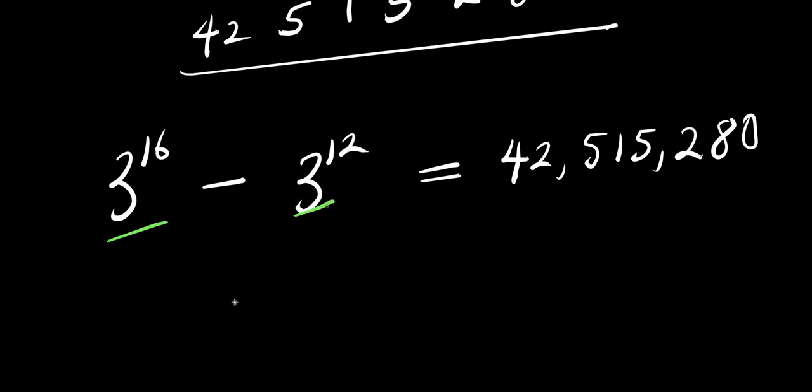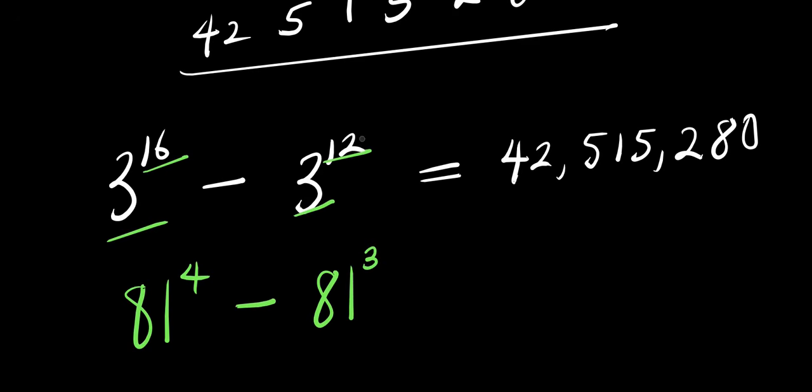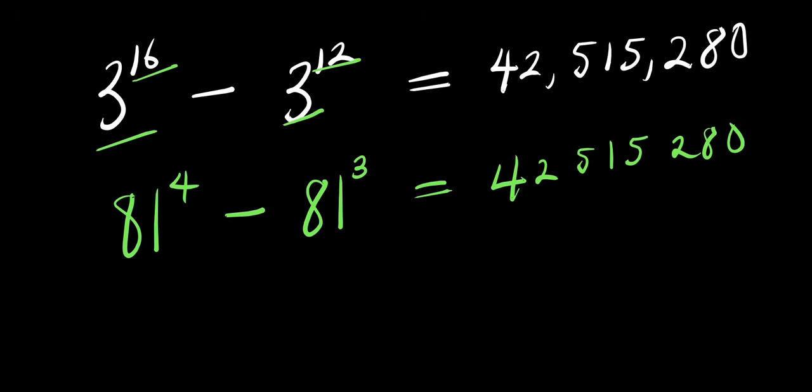And this also is the same as writing 81 power 4 minus 81 power 3. Because if you express this as 4 times 4, and express this as 4 times 3, you are going to have 81 power 4 minus 81 power 3. This is the same answer, 42,515,280. And also, this is just like writing 9 power 8 minus 9 power 6.